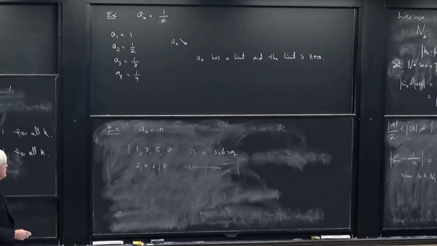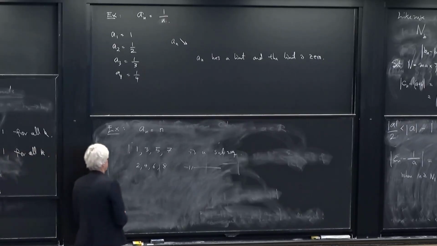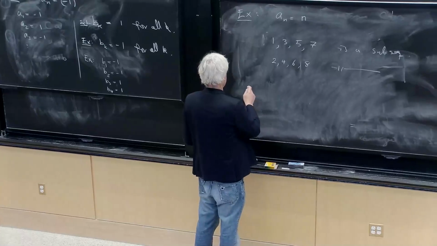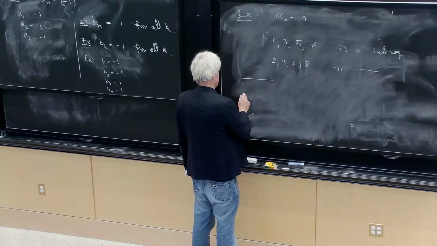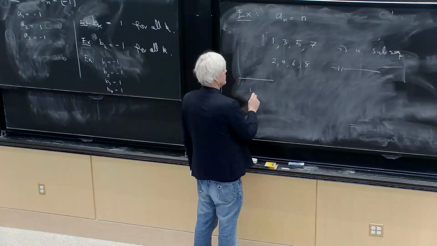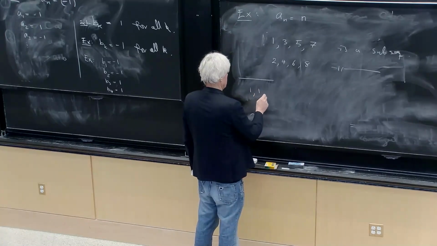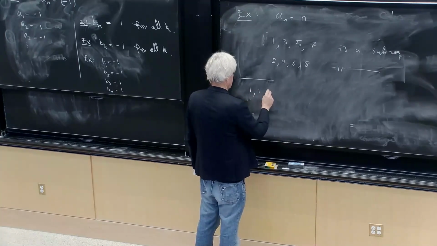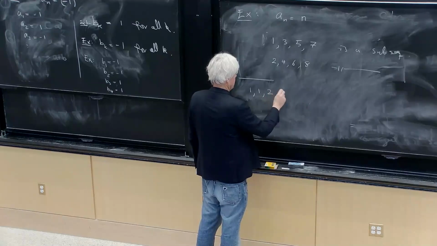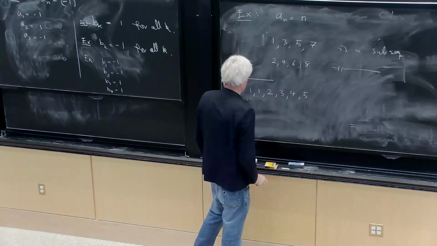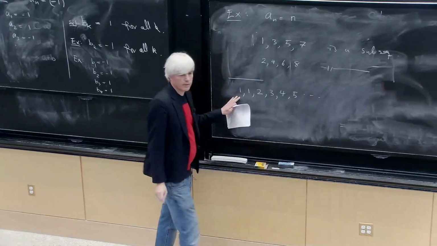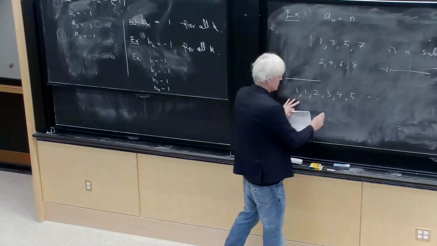But if you define a sequence where it was 1, 1, 1, 1, 2, even like this, this here is not a subsequence.